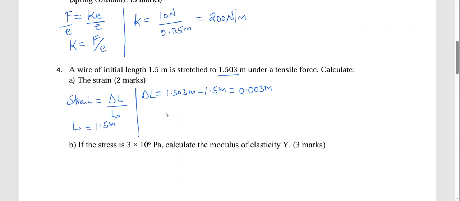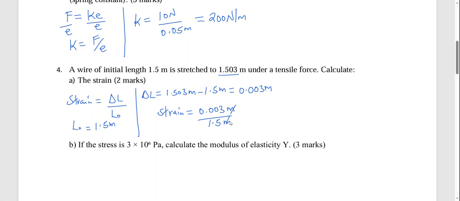Now we are able to substitute into our formula. Therefore, strain is equal to 0.003 meters all over 1.5 meters.